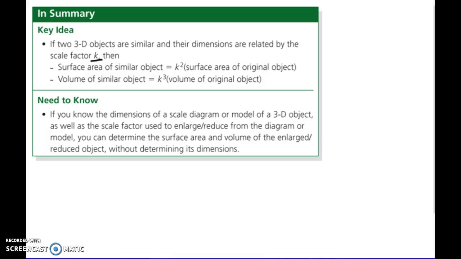k, then the surface area of the similar object is equal to the scale factor squared times the surface area of the original object. And sometimes this formula is easier if you replace similar with diagram.